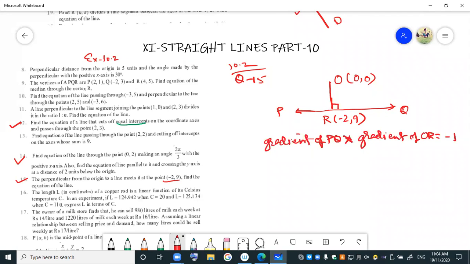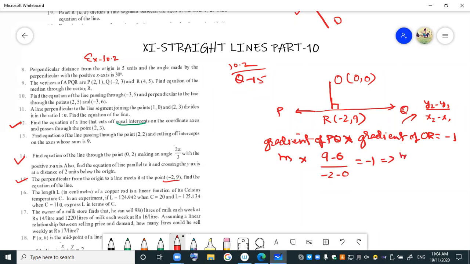Let the gradient of PQ be m, and for the gradient of OR we use the formula y2 minus y1 upon x2 minus x1. So (9 minus 0) divided by (-2 minus 0), that is 9 by -2, times m is equal to -1.